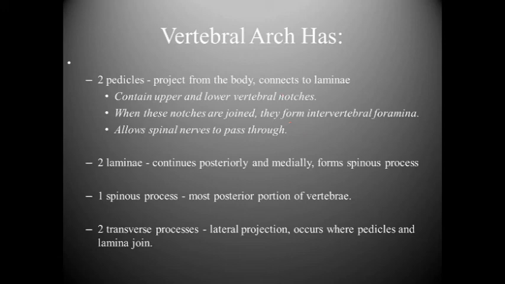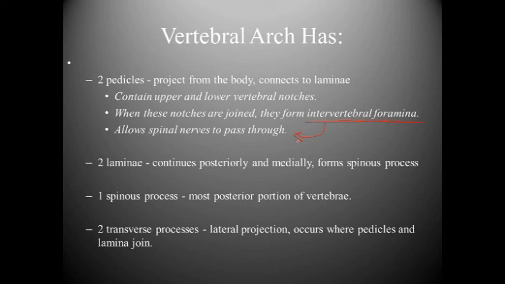They contain upper and lower vertebral notches. When these notches are joined, they form intervertebral foramen, and they allow spinal nerves to pass through. So the intervertebral foramina is simply for the passage of nerves through the vertebral bodies or through the vertebral arches.